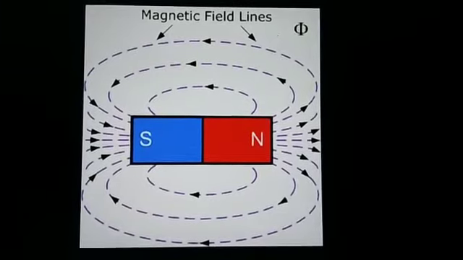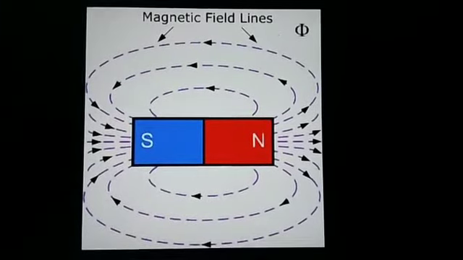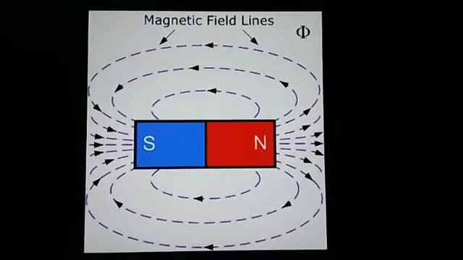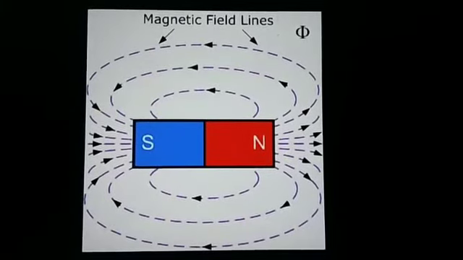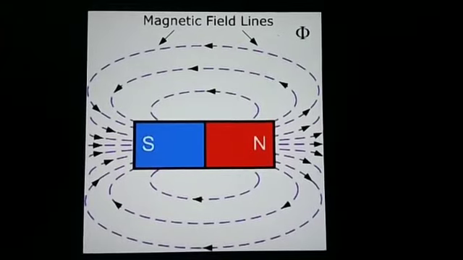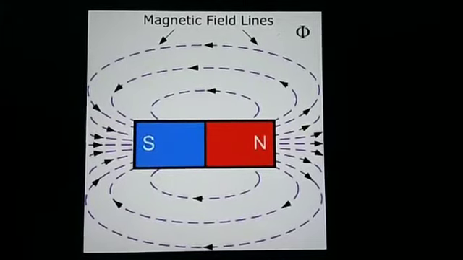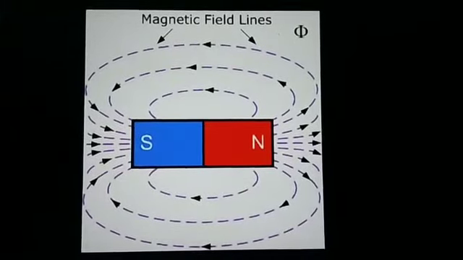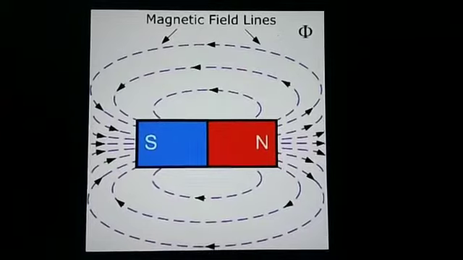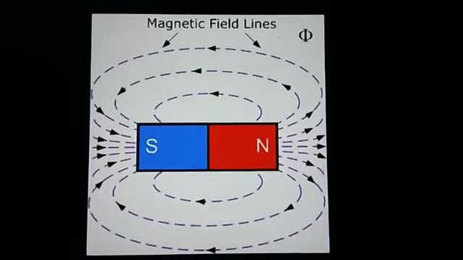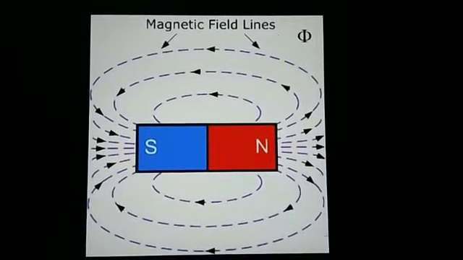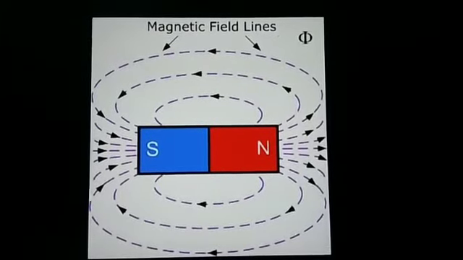See, these are all magnetic field lines, with arrow marks showing the direction. The direction starts from north to south outside the magnet, and inside the magnet it goes from south to north. So these are the magnetic field lines around the bar magnet. Around the bar magnet, a magnetic field is always present.